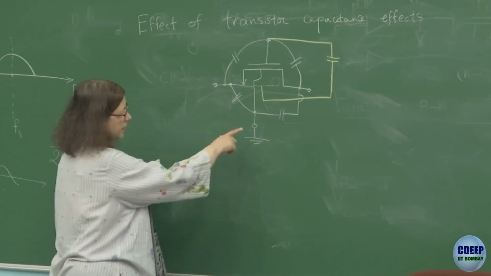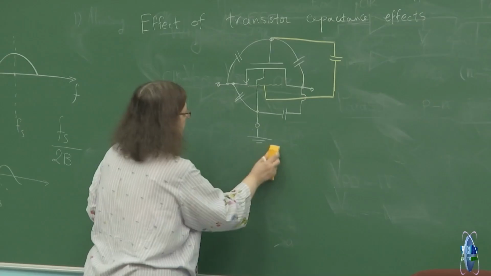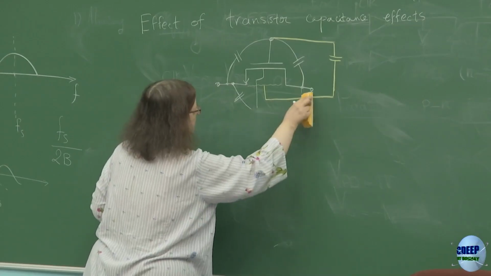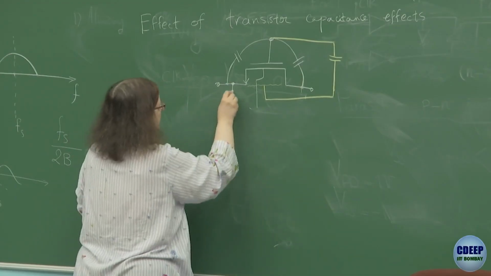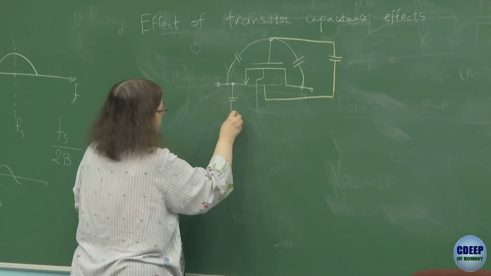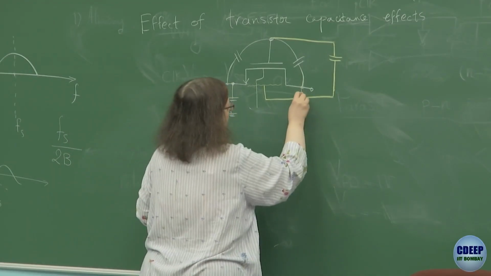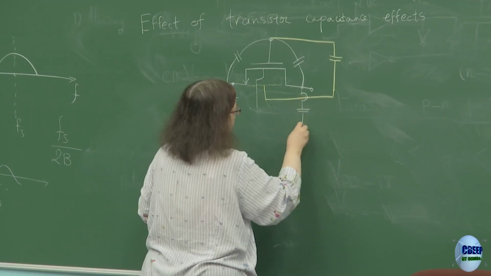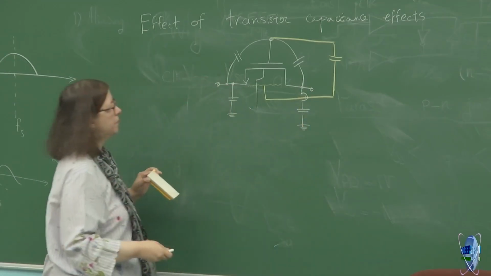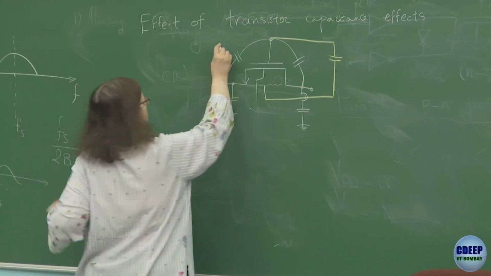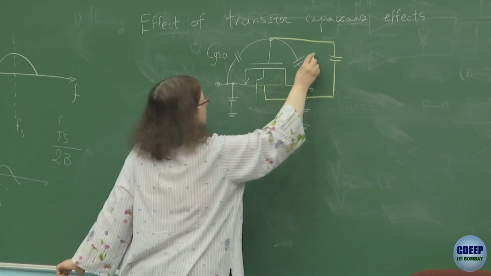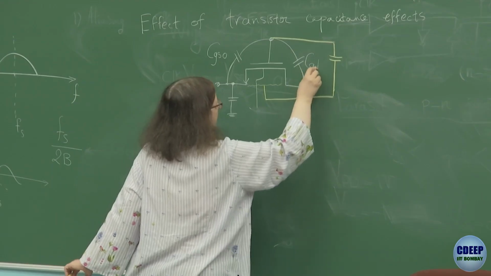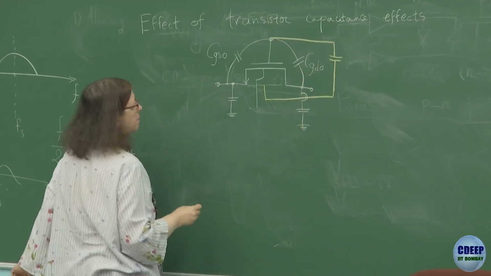Because this is 0, effectively these parasitic capacitances can be shown as a capacitance between source and ground and drain and ground. So this makes it easier. So this is CGS overlap. This is CGD overlap. O stands for overlap.